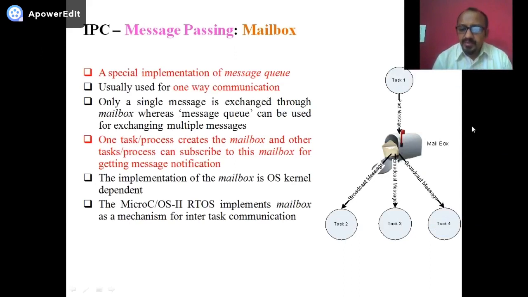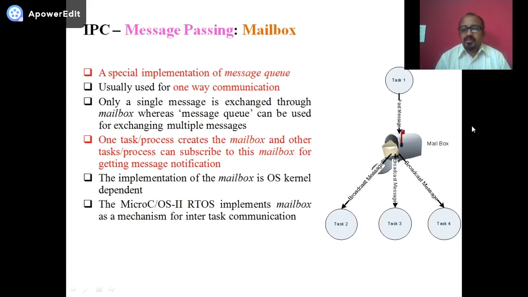It's a special implementation of a message queue only. The one-way communication, where the one who wants to communicate with the other tasks. For example, here in the diagram you can see task 1 creates the mailbox, and then it will pass the messages on that mailbox.